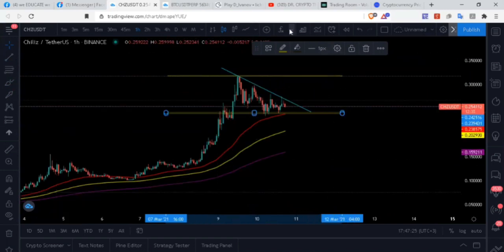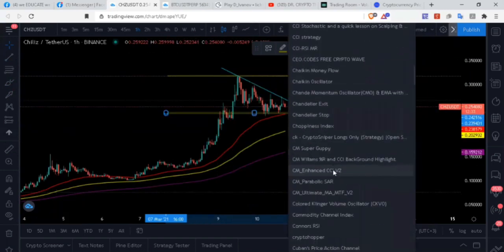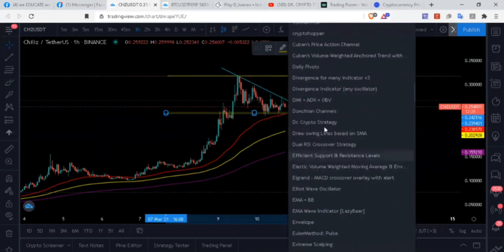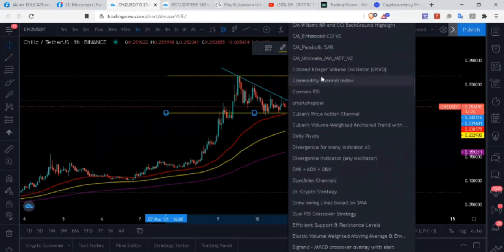This one, we will try to use another indicator like the CCI, and check if there is a divergence or something like that. CCI, Commodity Channel Index.